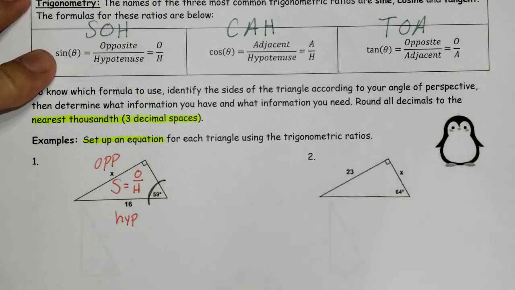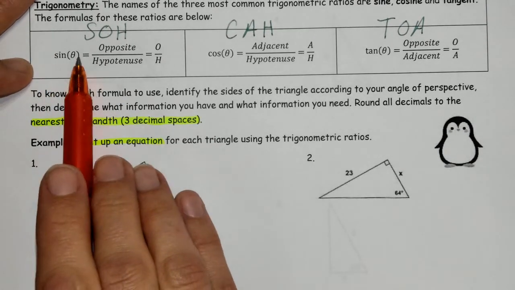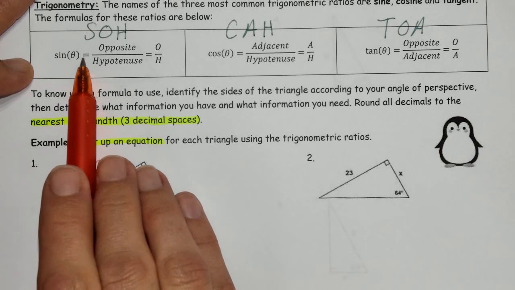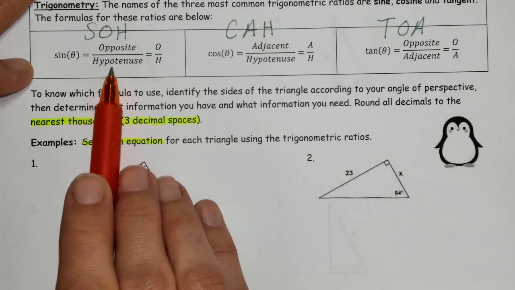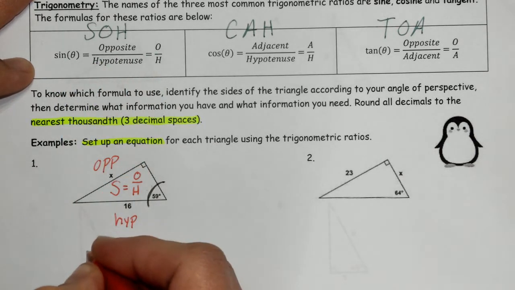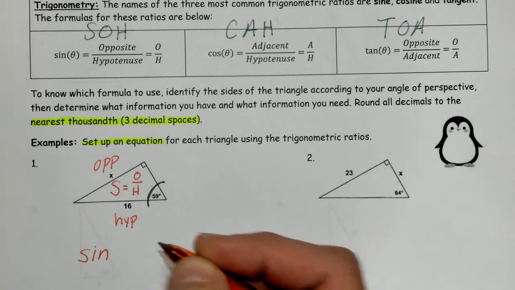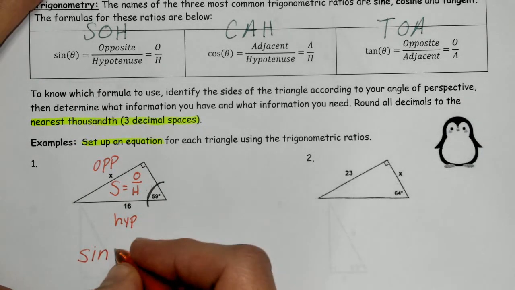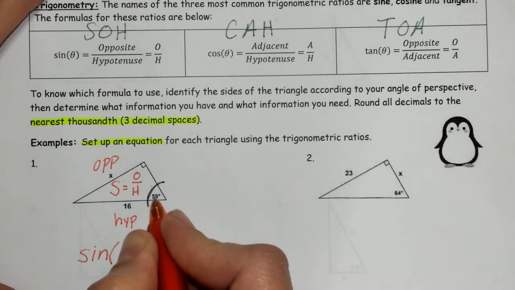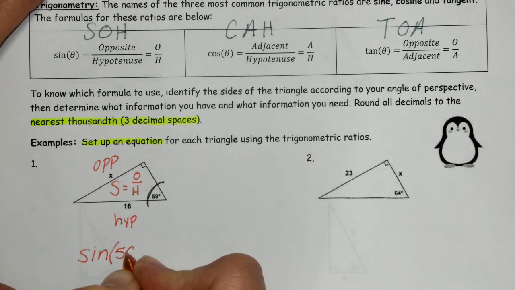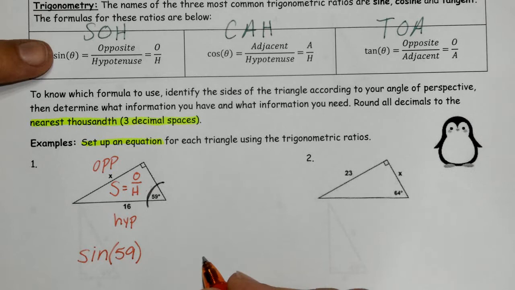So now when we set it up, we're going to have the sine of whatever the angle is equal to a fraction of the opposite side over the hypotenuse. We write SIN, it's not called sin, it's called sine. In parentheses, we place whatever angle we have here, which is 59. Close the parentheses, just like it shows us up here.